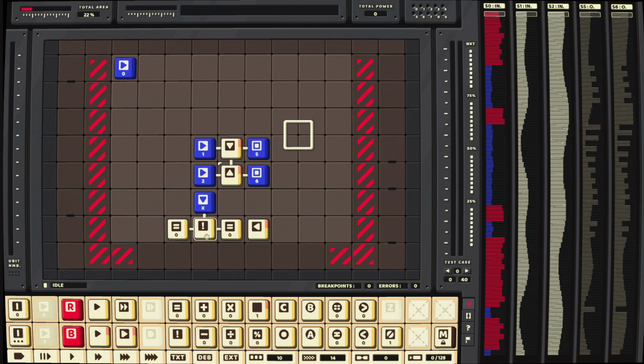So that would look something like... port going here. Maybe a sensor right away. Oops.